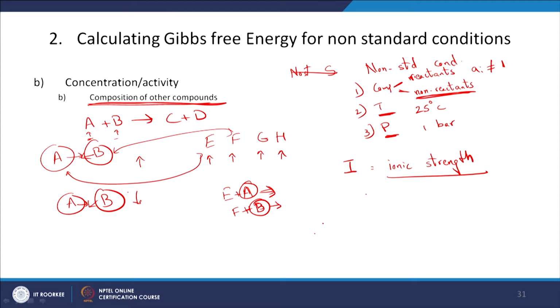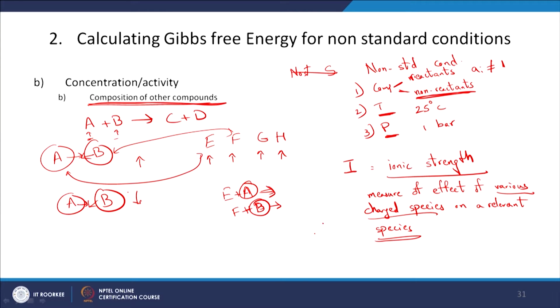It is going to give you a measure of the effect of various charged species on a relevant species. So more or less, what is the effect of the non-reactants on your reaction or your reactants?